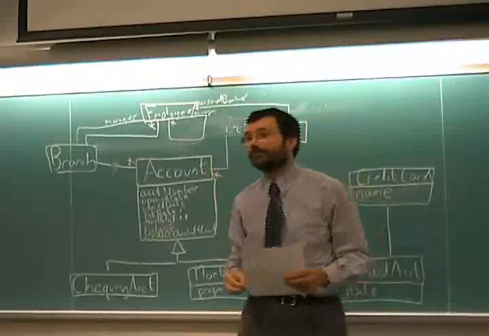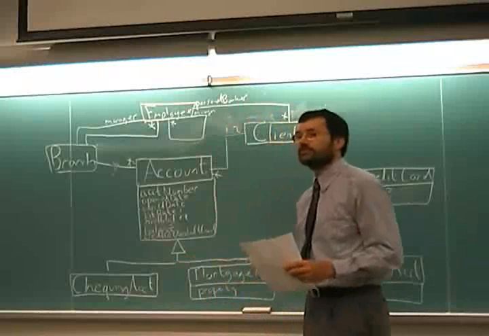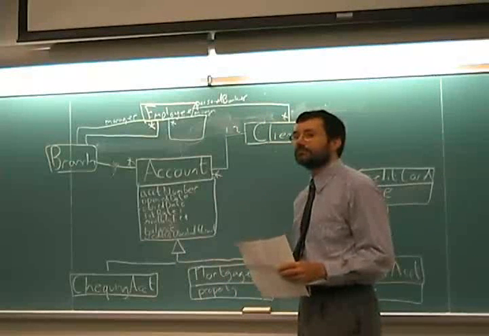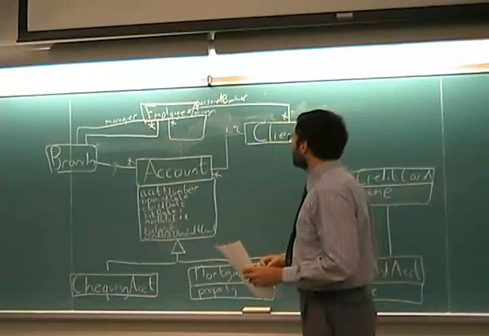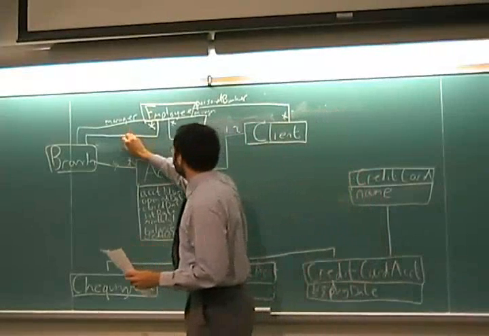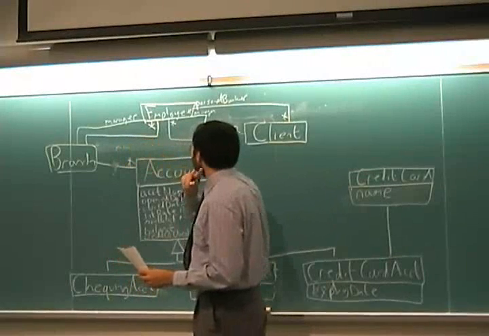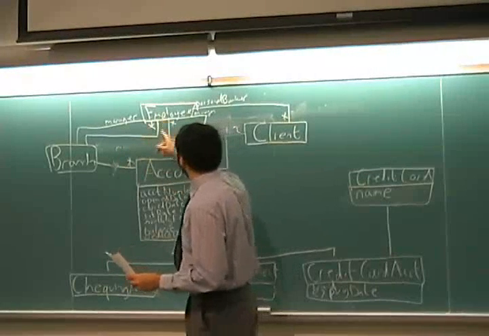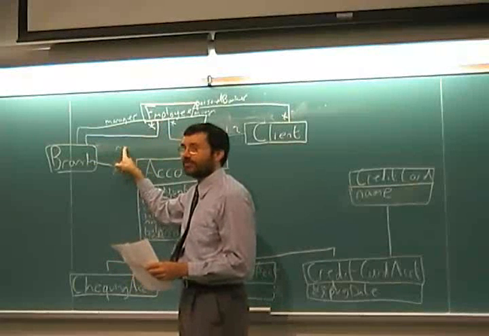Question, yeah. What about the association class between branch and employee, the manager? The manager belongs here? Well, not really. To start with, this isn't a many-to-many association, and generally speaking, association classes go on many-to-many associations.